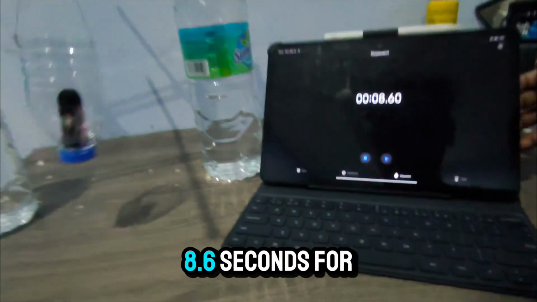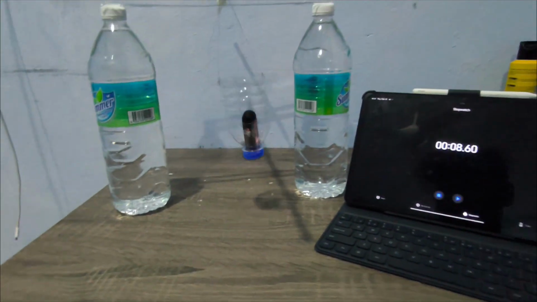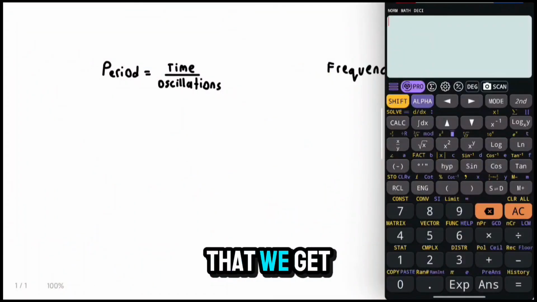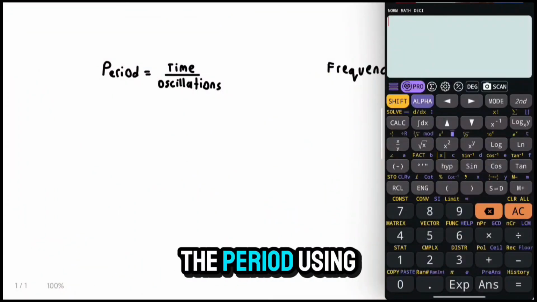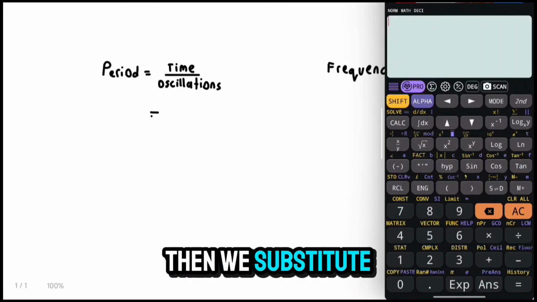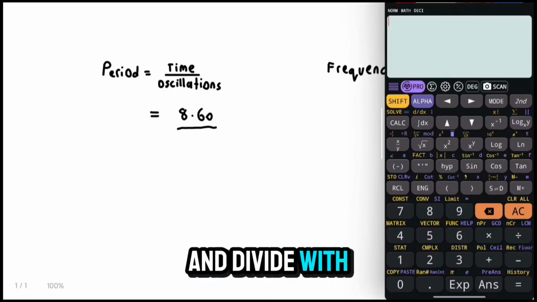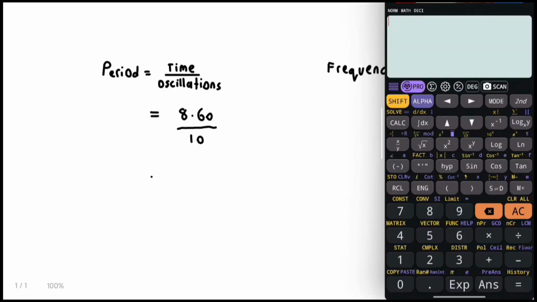And we get 8.6 seconds for the pendulum to complete 10 oscillations. From the result that we get, we can calculate the period using the formula time over oscillations. Then we substitute the time we got, that is 8.6 seconds, and divide by the oscillations, that is 10.